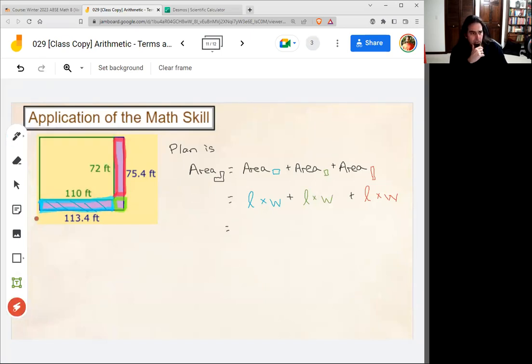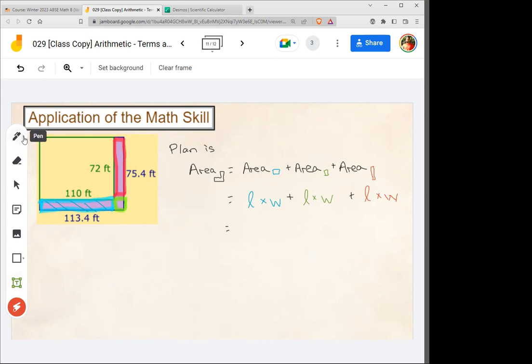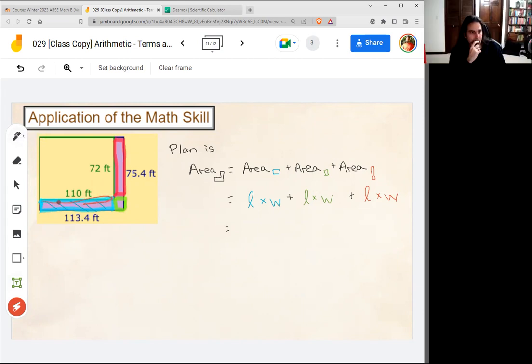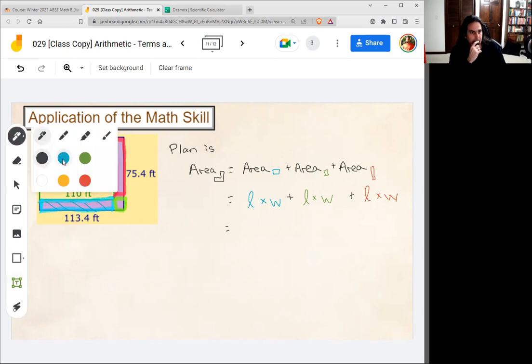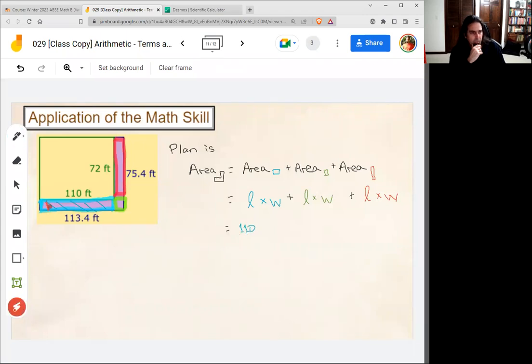How big is the blue one? It's 113. No, it's not 113 because that goes all the way across. And we're stopping early, right? We're not doing this last little green bit. So it's 110. So it's just the 110. And then how tall is the blue one?